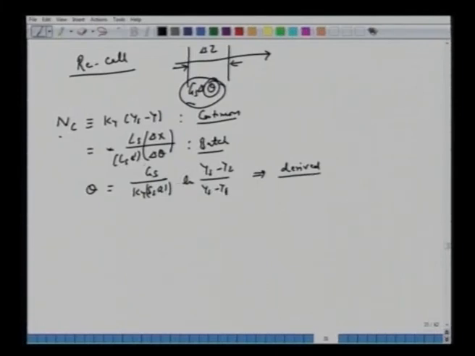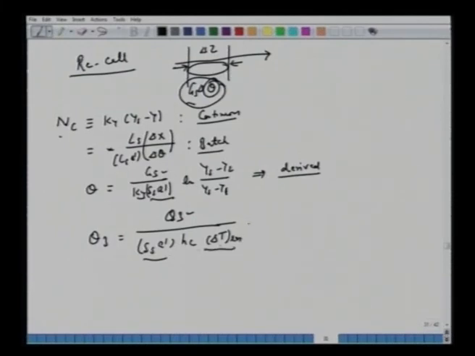Making the same analogy, that a certain batch of solid is getting heated in this region, we have the time of heating theta 3 as Q3, the heating load, divided by Ss A prime, Hc, and del T LM, the logarithmic driving force for temperature. We have the same analogy as in the case of heat transfer to mass transfer, to obtain theta 3 as approximately 2 minutes.